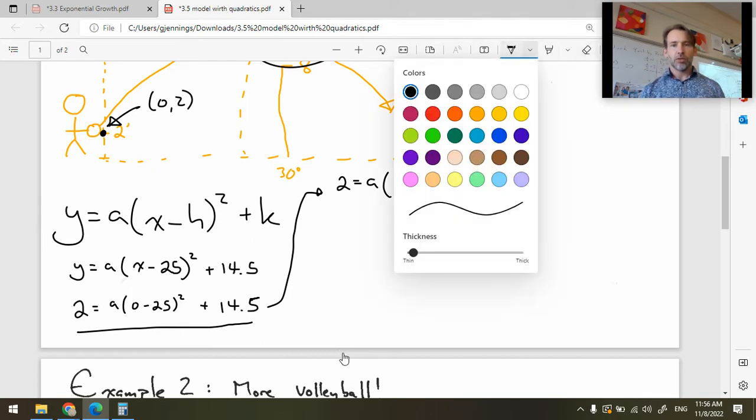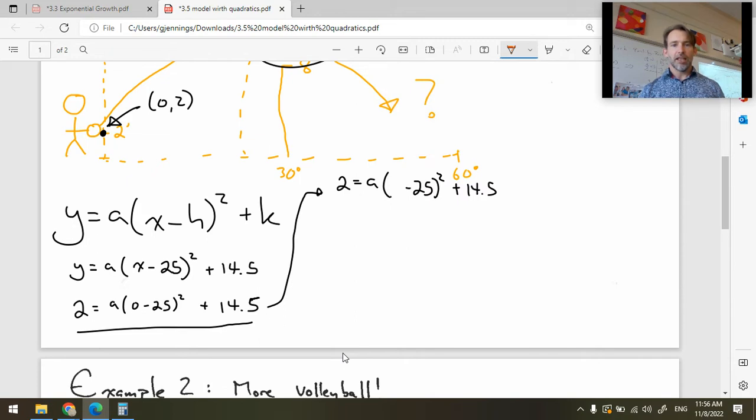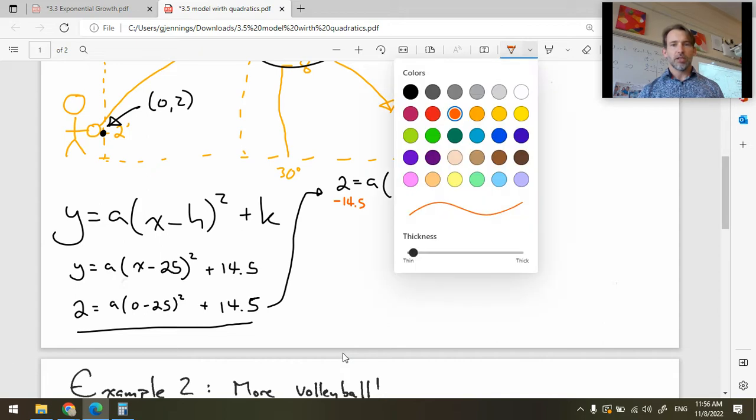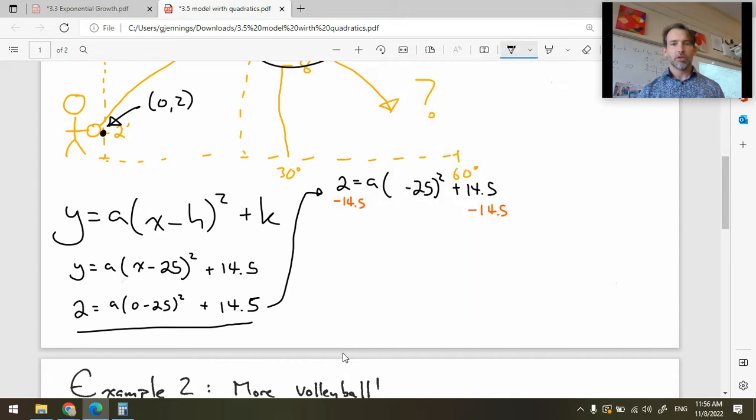And then I'm going to try to isolate a. I want to get a alone and solve for it. So let's take away this 14 and a half and move it to the other side. That gives us negative 12.5, from 2 minus 14.5, is equal to a multiplied by negative 25 squared.